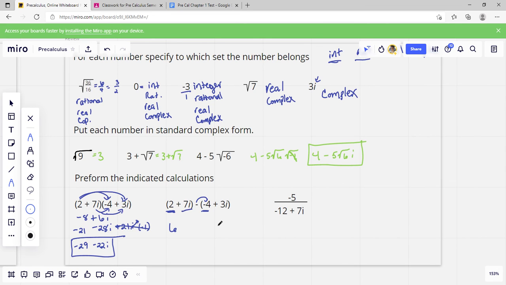And then we have 7i minus 3i, which would be 7 minus 3 is 4i. Okay, so that should be the answer to that one.